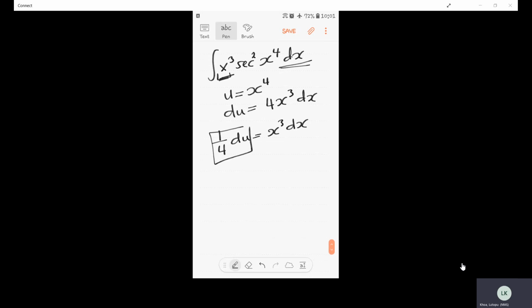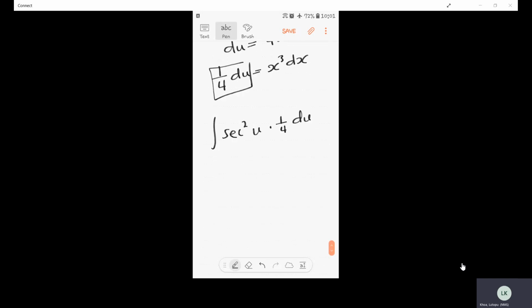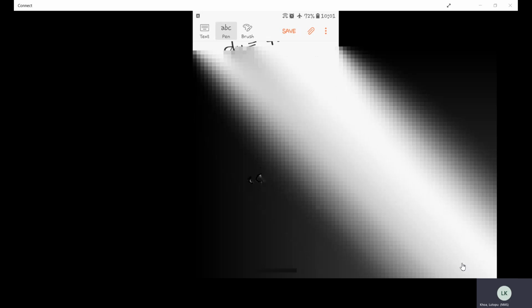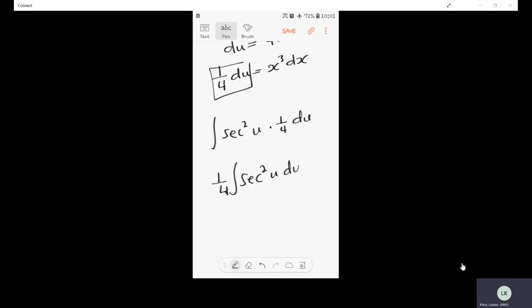So this is what I will substitute for x cubed dx. When I do that, I have the integral of sec squared of x to the power 4, this is u, and then I have 1 over 4 du. So the 1 over 4 can go outside the integral, and then I have sec squared u du.